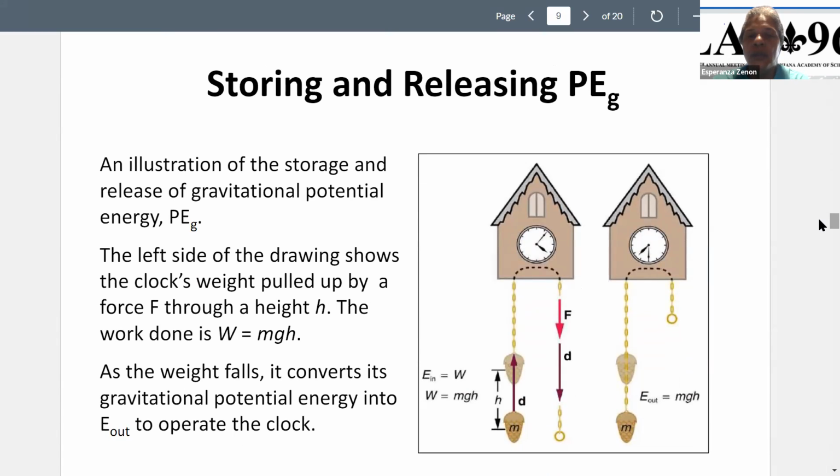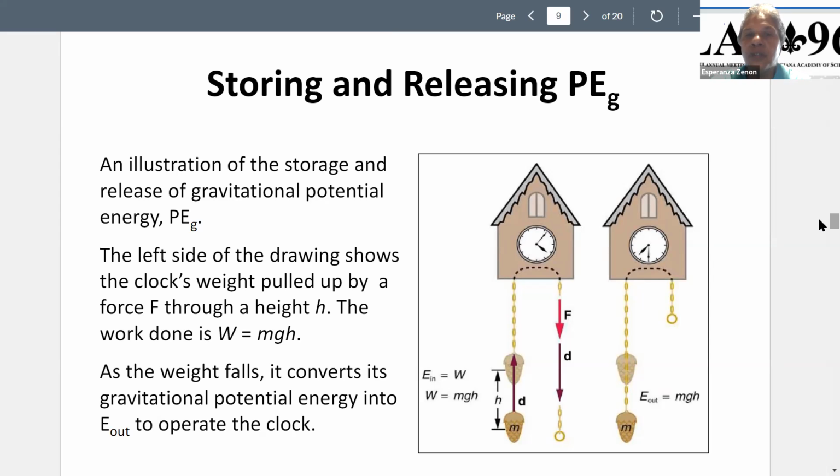As you raise or lower the clock's pendulum bob, like a grandfather clock where the little thing swings back and forth, as you raise the chain, you store up energy, gravitational potential energy. As you release it, let go of the chain, it releases that same amount of energy. So you raise the chain to store up energy, mgh, and when you release it, that stored energy gets converted into work, mgh.